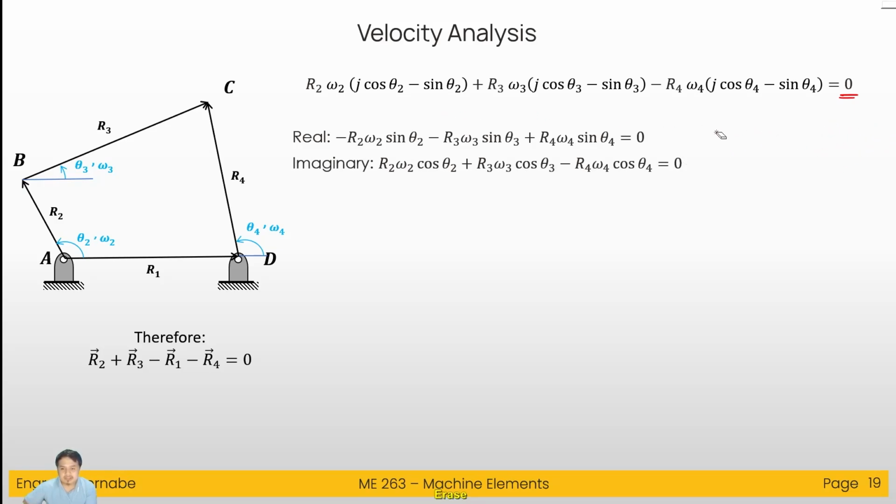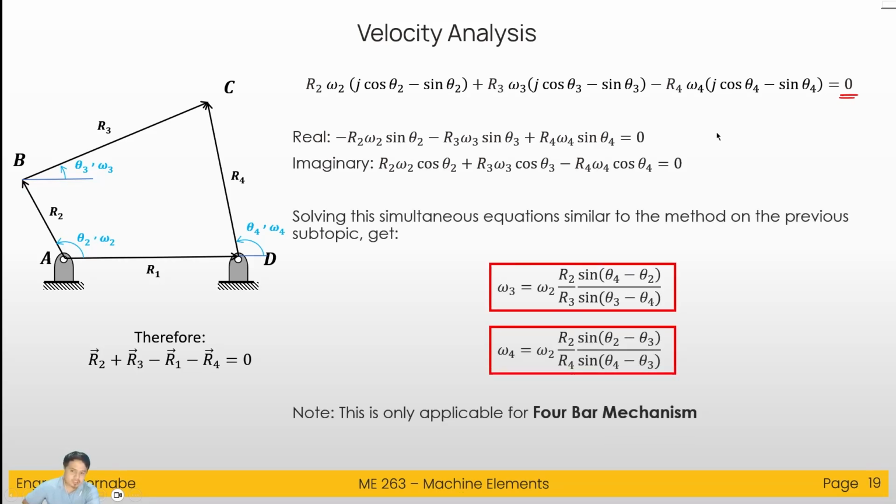Okay, so we have this already. If we solve this again with the same method or strategy that we've already done before, we can solve for the angular velocities, omega 3 and omega 4.